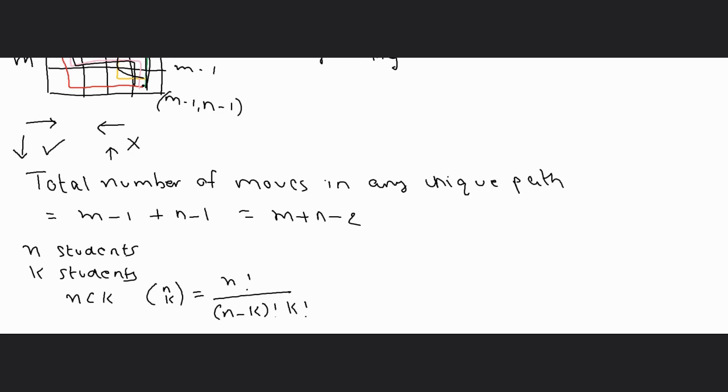times k factorial, okay? So now I'm telling you that you have this many moves, m plus n minus 2, and can you please tell me how many unique ways I can make a right move? So you'll say, okay, the number of right moves is n minus 1, so it is this many ways you can make a right move, right?